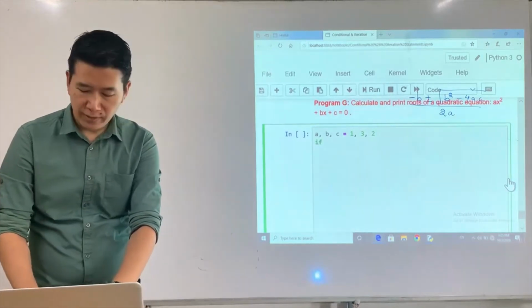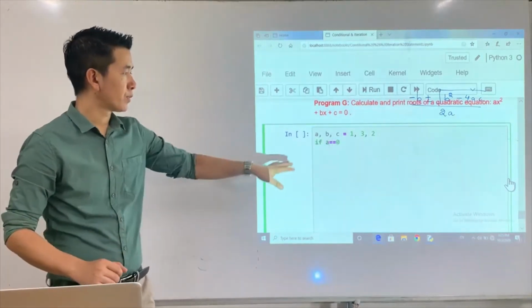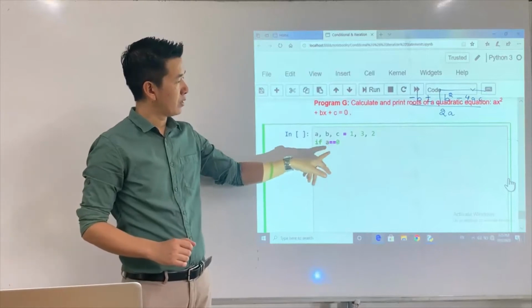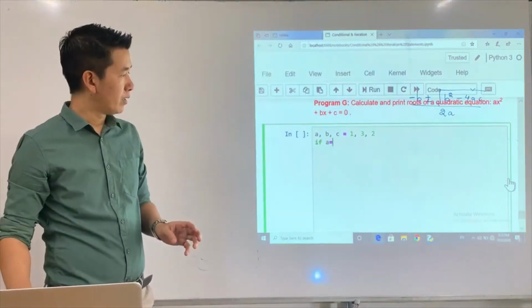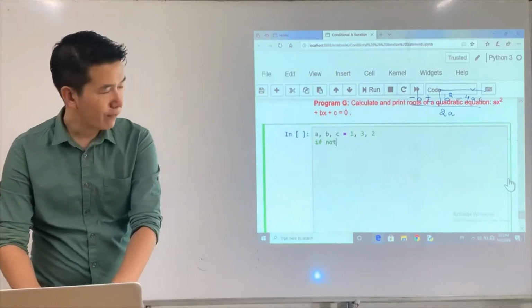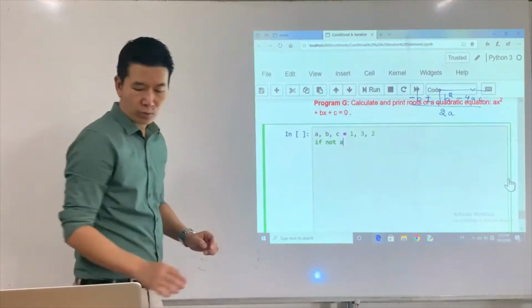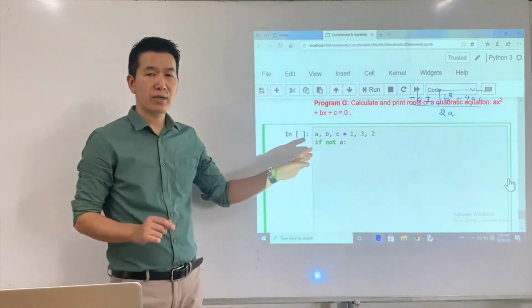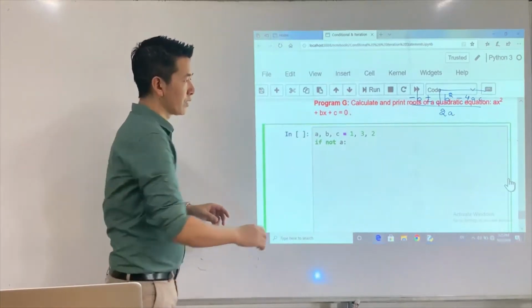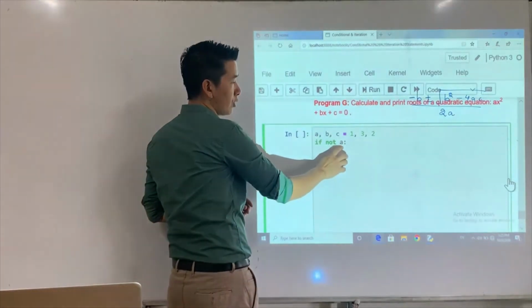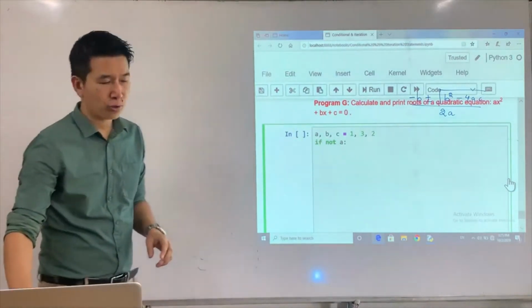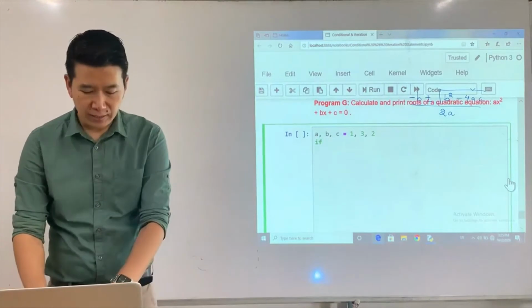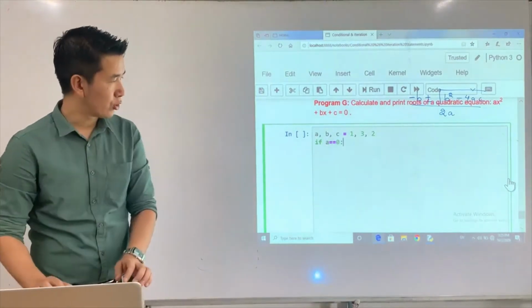If the value of a is equal to 0, you can keep it simple by checking the value of a with 0, or if you remember, we have learned this, if not of a, using the logical operator. Not of 0 is always true, so this is as good as writing a is equal to 0.